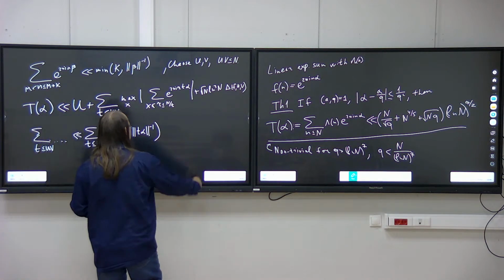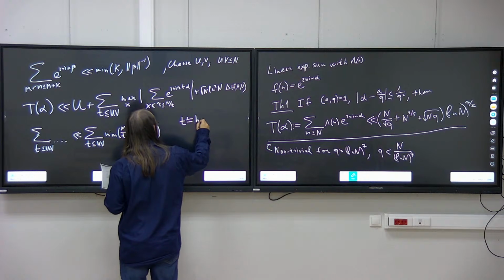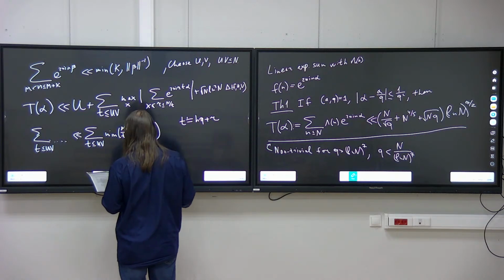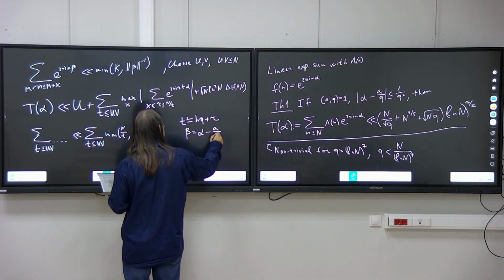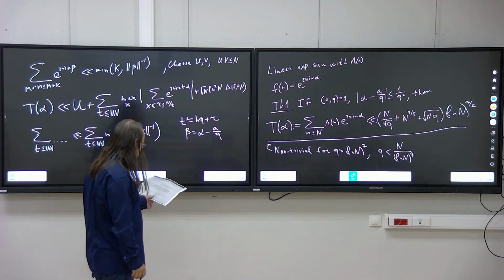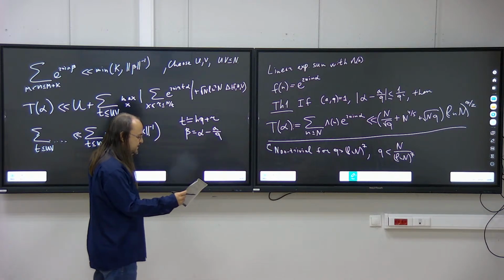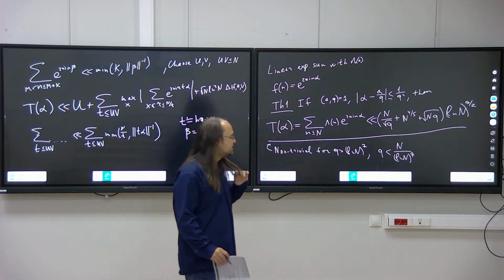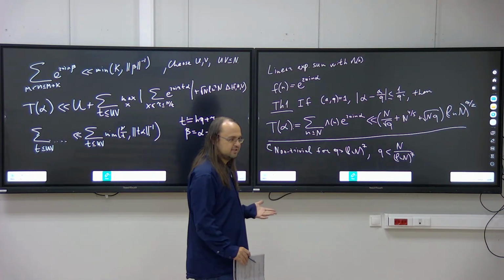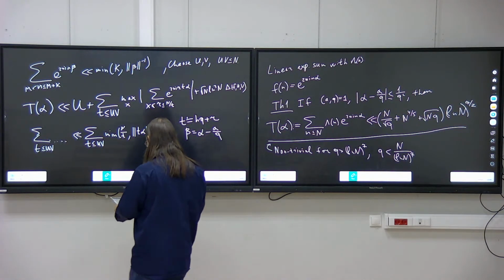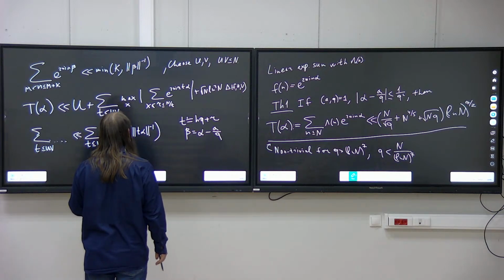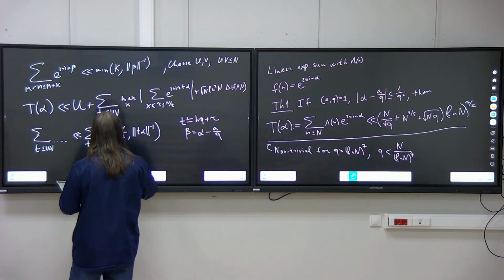Then you write t as hq plus r and write beta as alpha minus a over q, which is small as we assumed. And then we split this sum into sums over residue classes. So t is at most UV, so h is at most UV over q.